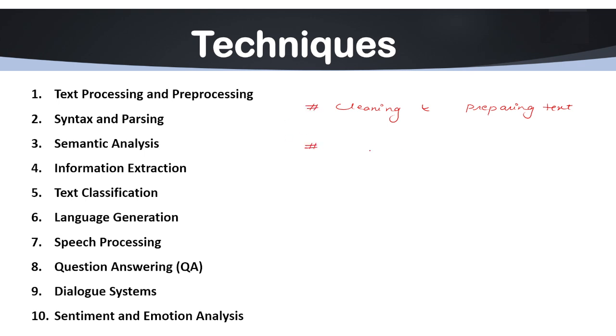Some techniques help us in understanding the structure and meaning, like POS tagging, like NER, like sentiment analysis. All these help us in understanding these structures and meanings.